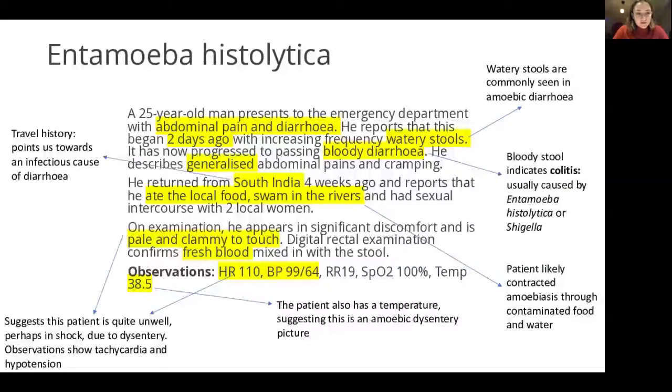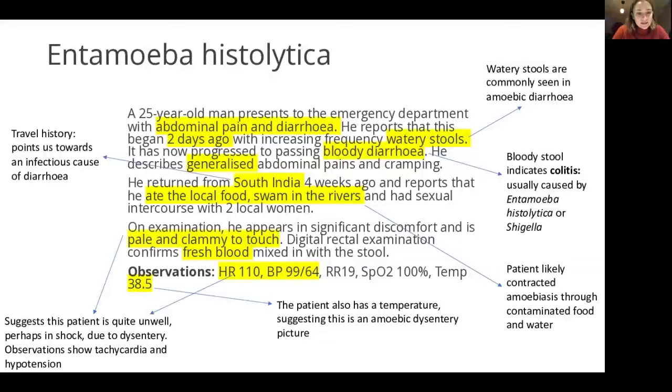And then there's a travel history, which points us further towards an infectious cause of diarrhea rather than, for example, an inflammatory cause. There are risk factors for contracting amoebiasis, which are eating food and swimming in contaminated waters.